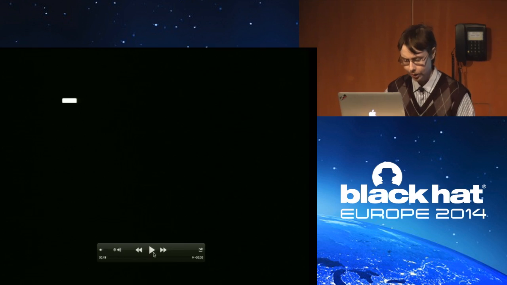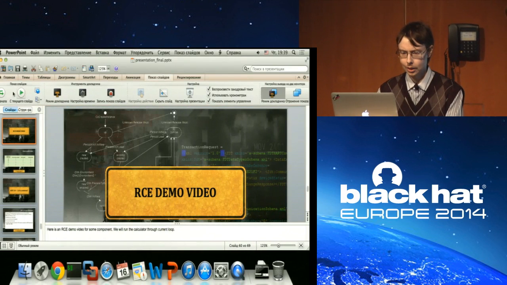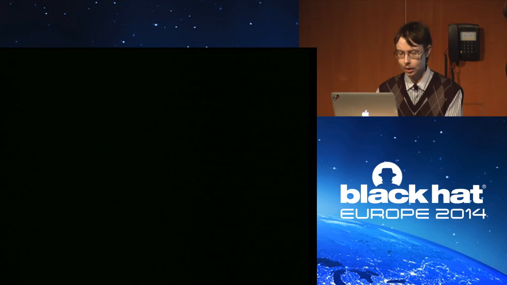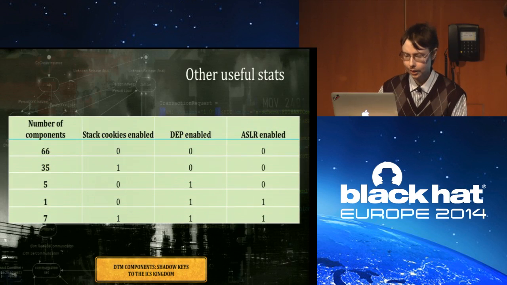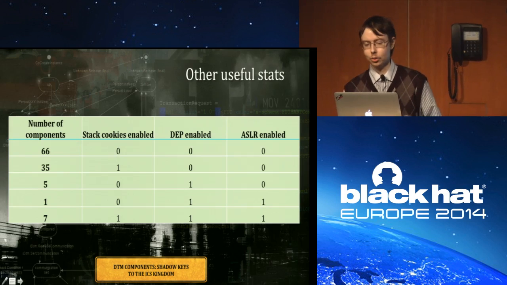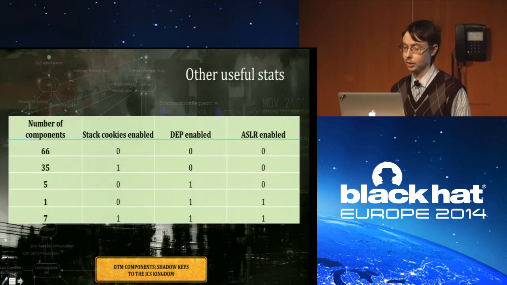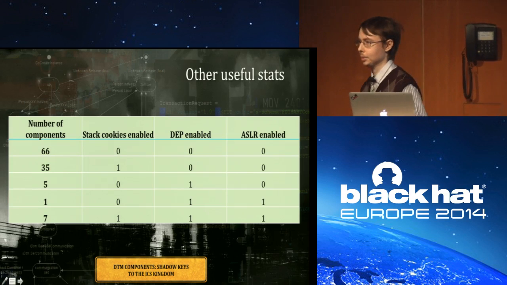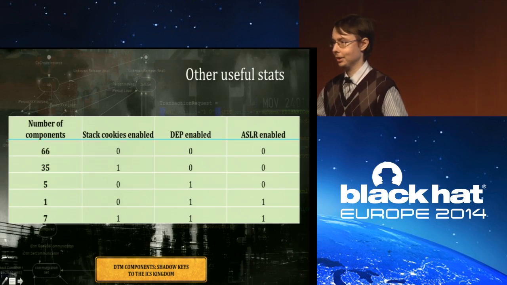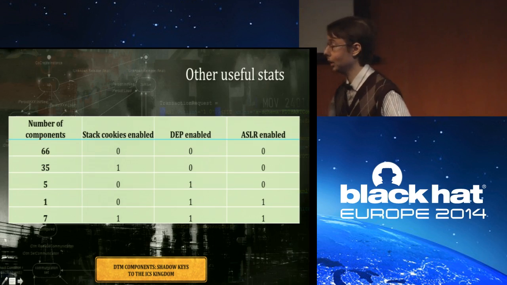So, just a second, I will continue. Another statistics slide. As you can see, we've already seen the code quality of some DTMs. It isn't very good. Moreover, most DTMs were compiled without essential security mechanisms. That's why we could say that so much RCE could work.